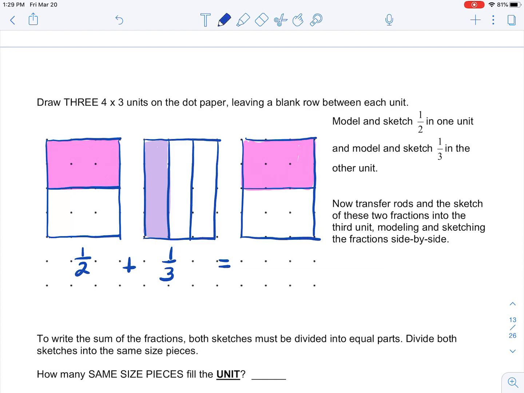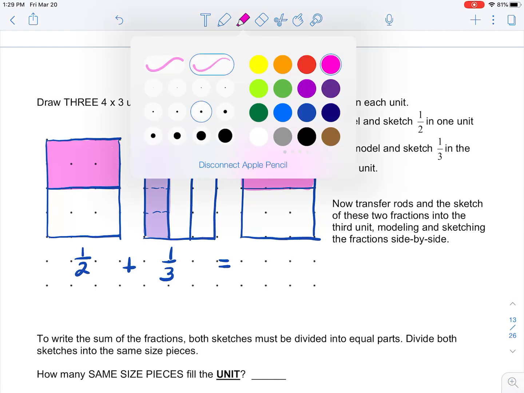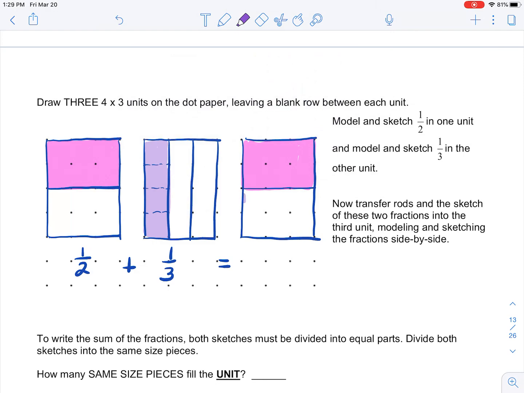So I'm going to have to think of dividing that 1/3 into single units, and there's 4 single units, and so I'm going to color in 4 of the single units here. So one more single unit, and another one, and another one, and another one. So that's 4 of them.